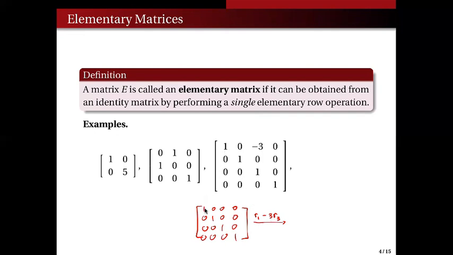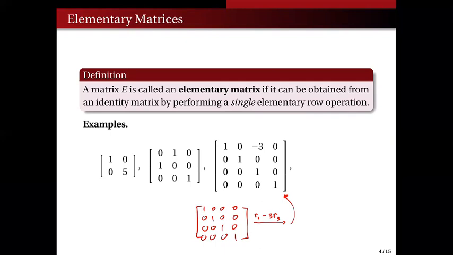And as you can see, you will have 1 plus 0, that's still 1. 0 plus 0, that's still 0. And then 0 minus 3 times 1, that's your negative 3 here. And again, 0 minus 0, that's still 0. So this guy here is this matrix. So again, a single row operation applied on the identity matrix gives an elementary matrix.